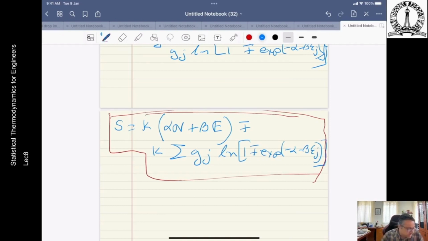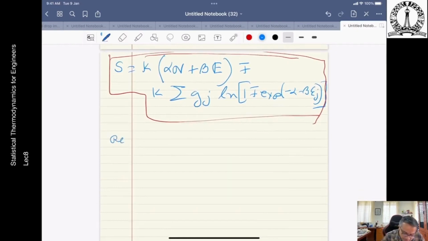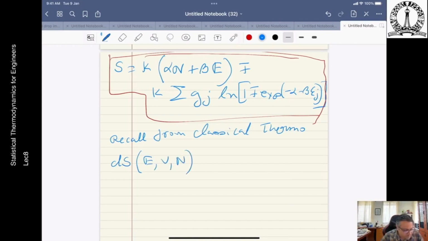In that case, recall from classical thermodynamics that this is how entropy change is written.